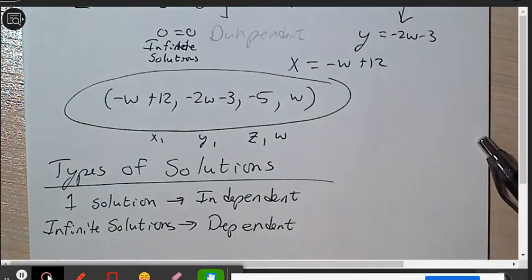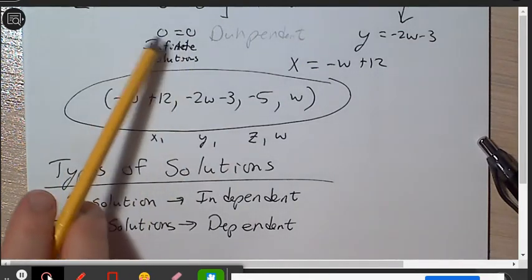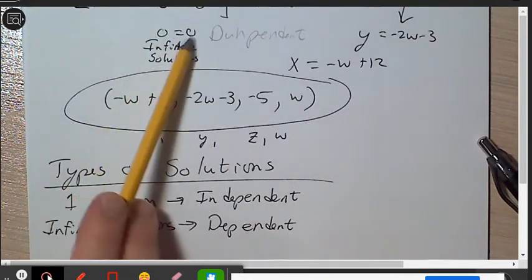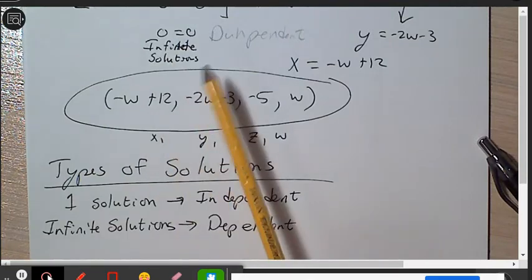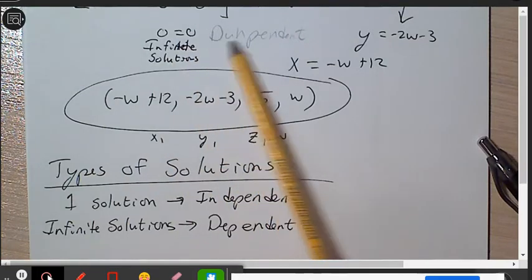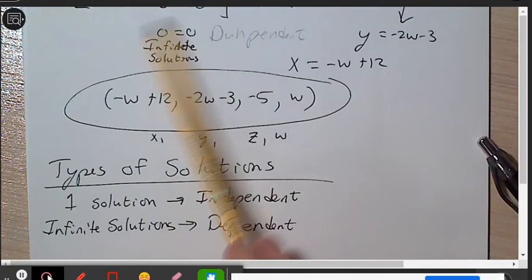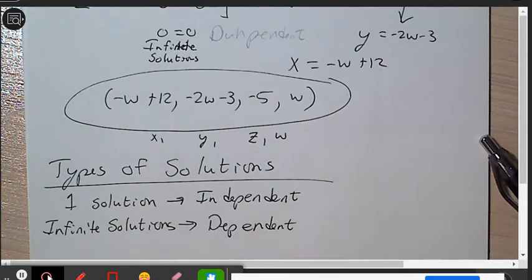And if you want to tie some things together, if you get a question that's got a does statement in it, like 0 equals 0, that's where you know that's going to be dependent because there's a million different answers that can work on this thing. So that's one way I always tie those two things together. If you've got a does statement, it's dependent when you look at this problem.